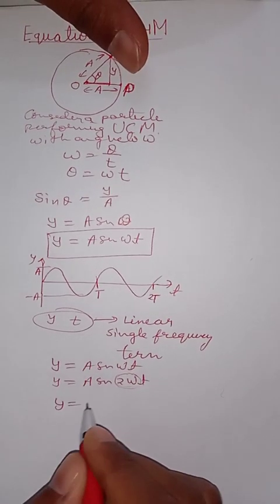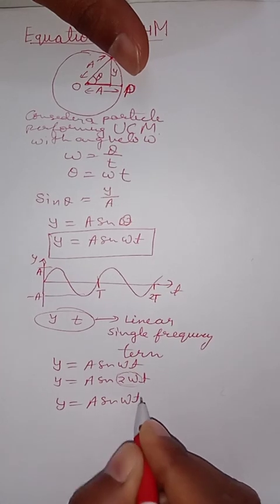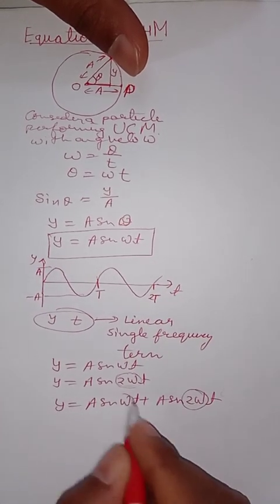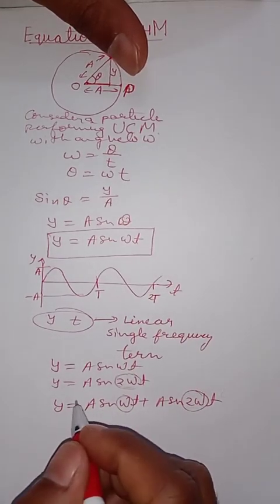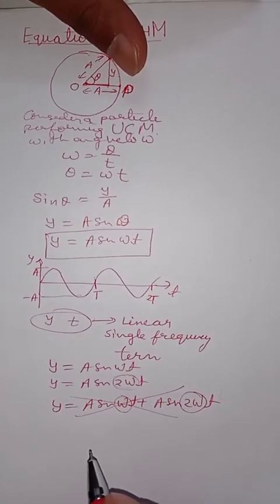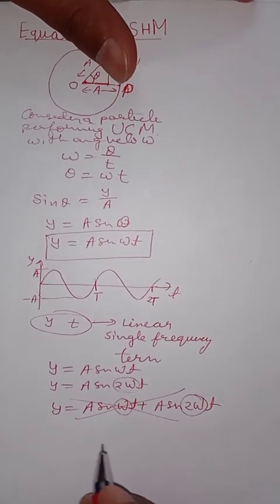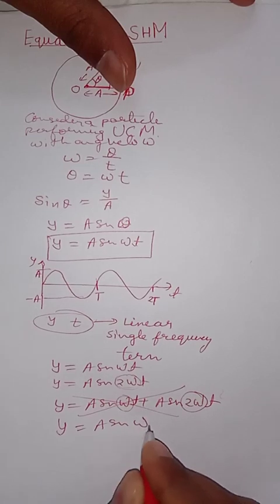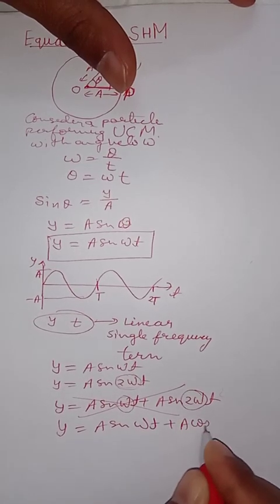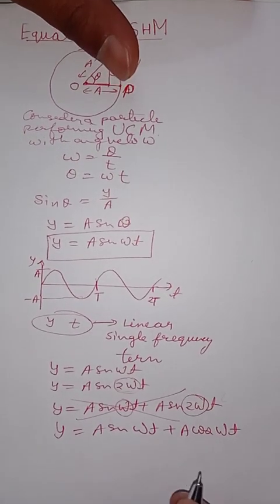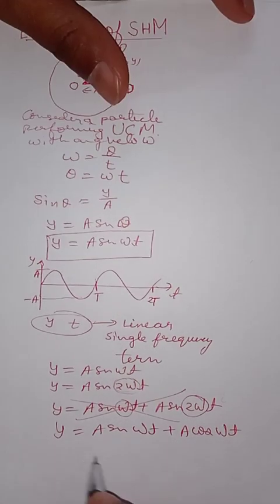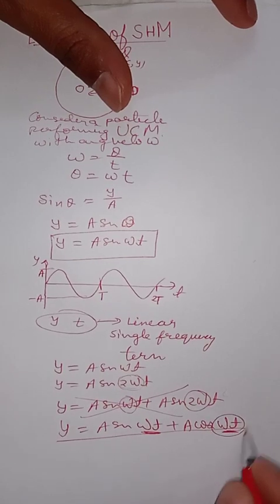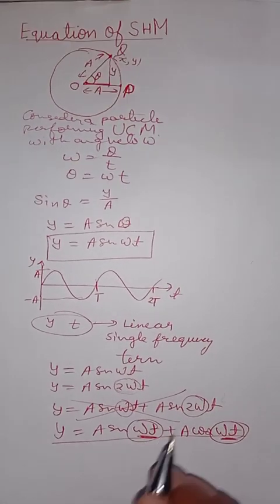But if I would write a sine omega t plus a sine 2 omega t, now there are two different frequency terms, so this is not to be considered as simple harmonic motion. But y equal to a sine omega t plus a cos omega t will be considered as simple harmonic motion, because it is linear and the term here has single frequency, that is omega.